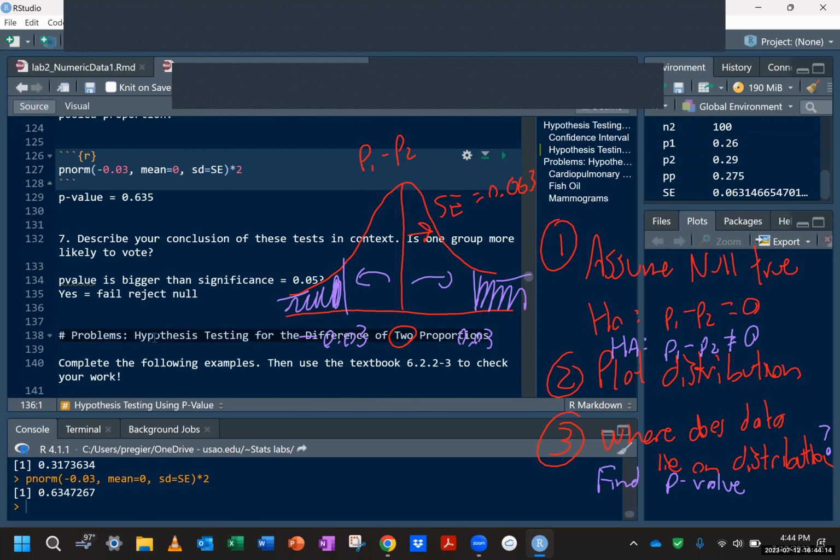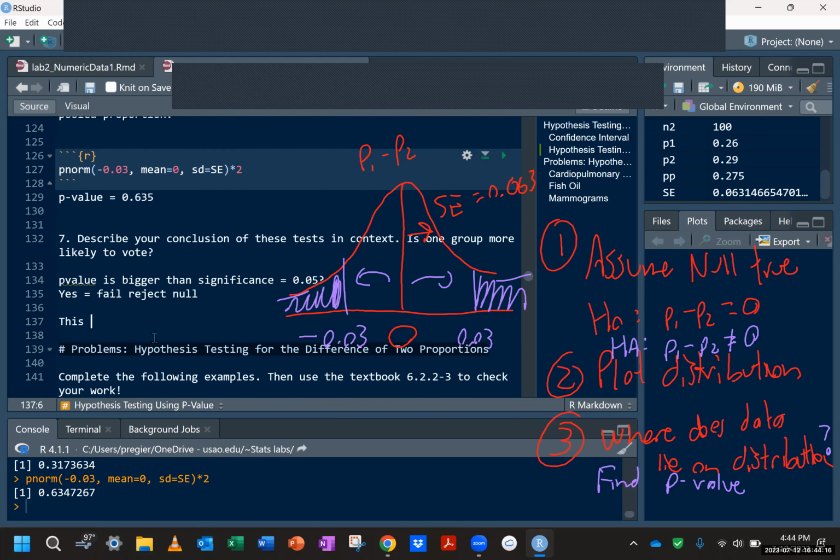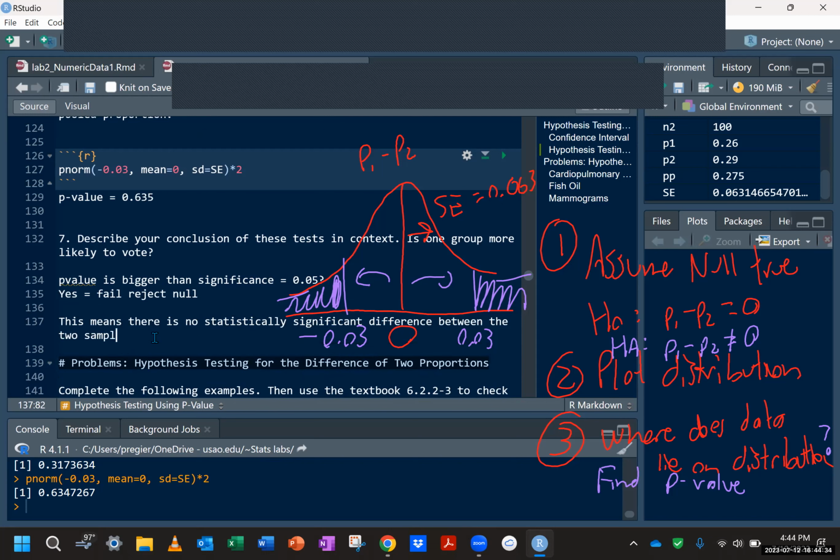Since it's bigger, yes, we fail to reject the null. This means there is no conclusive difference. Or more accurately, I could say no statistically significant difference between my two samples. Okay, so that's the test.